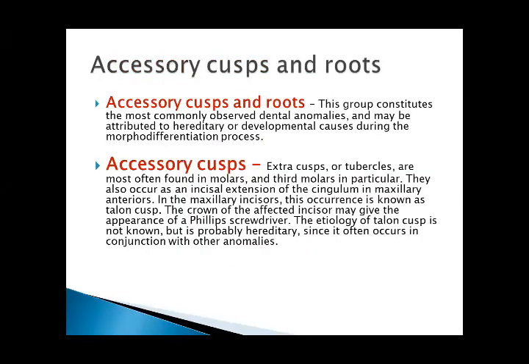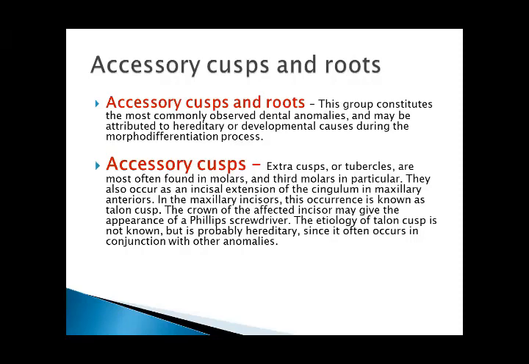Accessory cusps. This group constitutes the most commonly observed dental anomalies and may be attributed to hereditary or developmental causes during the malformation process. Tubercles are most often found in molars, and third molars in particular.